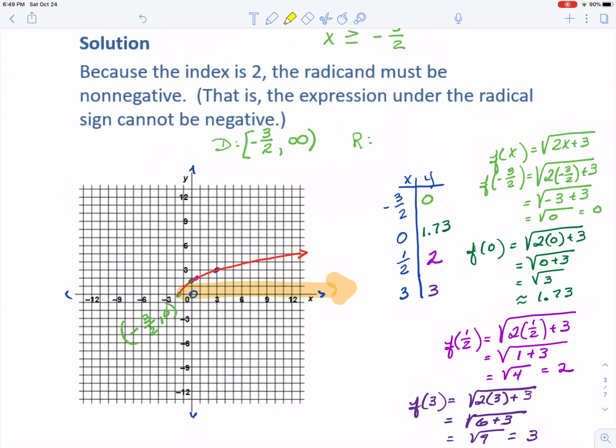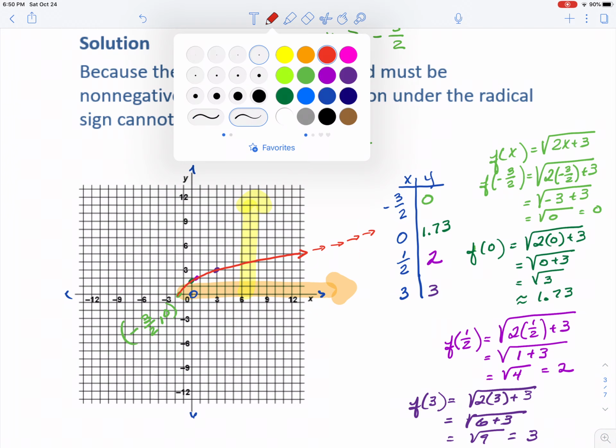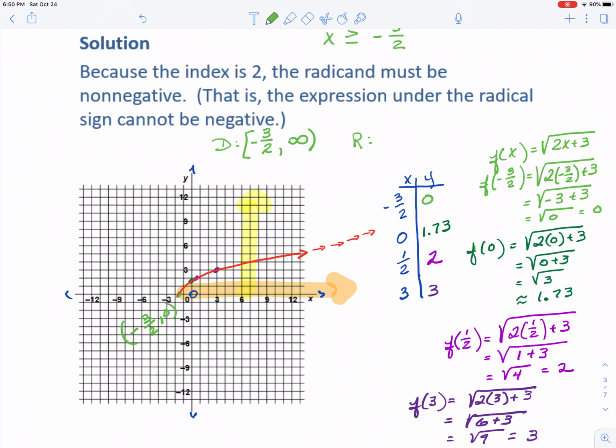So the range never dips below that 0 line, and it's starting here at the 0 line, and I hope you can see or think about, if we extended this, not only would it go further and further out to the right, it would also climb higher and higher up towards the top of the grid. So this range starts and includes 0. You can see it includes 0 right there on the chart, and it goes out the top of the picture to positive infinity.